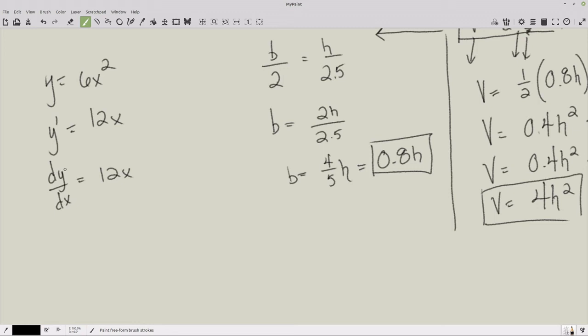It's kind of abbreviated like this. Let's multiply both sides by dx, and you get dy, the change in y, is 12x times this change in x. So now what this is saying is the change in y is relative to x.